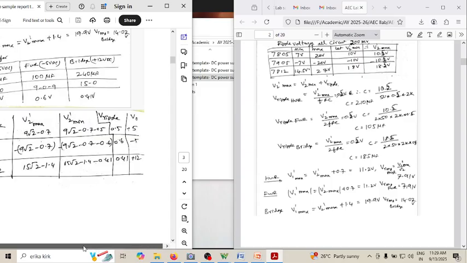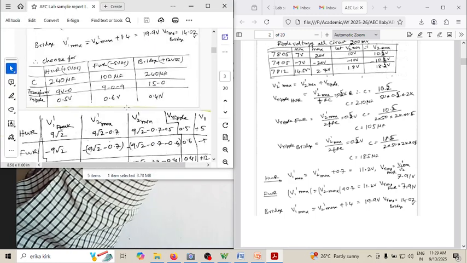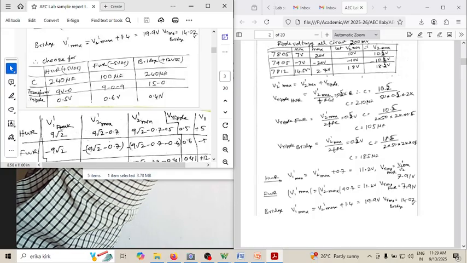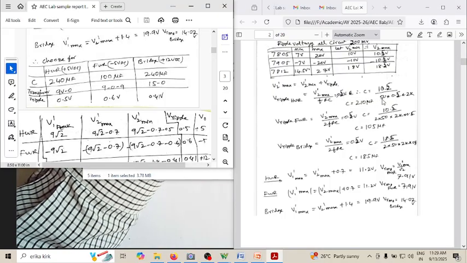So you may not have exactly 200. You can see now, for the half-wave rectifier, what we found is 210 microfarad, which is not exactly available.